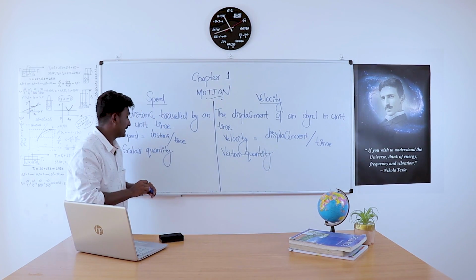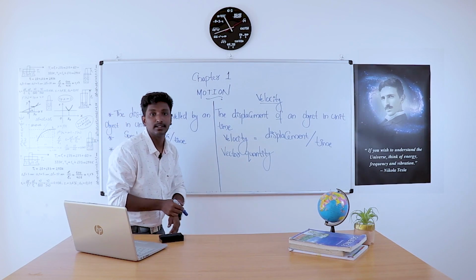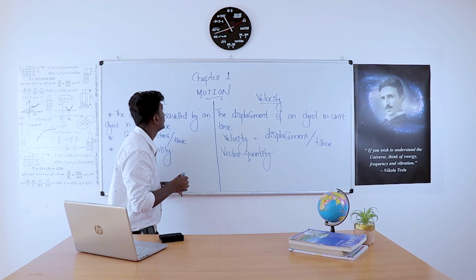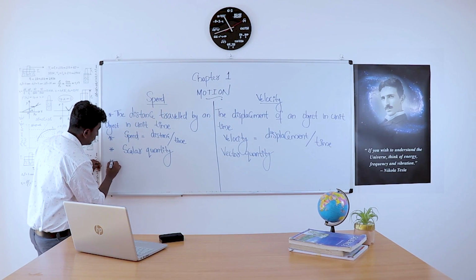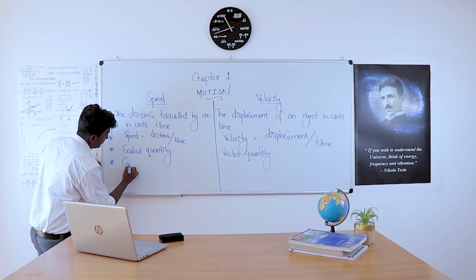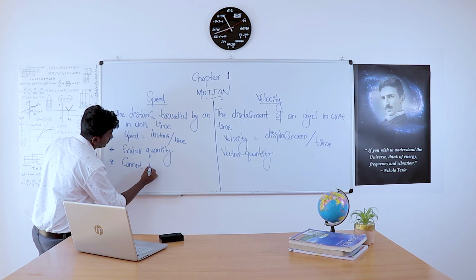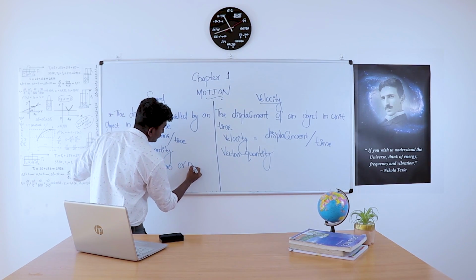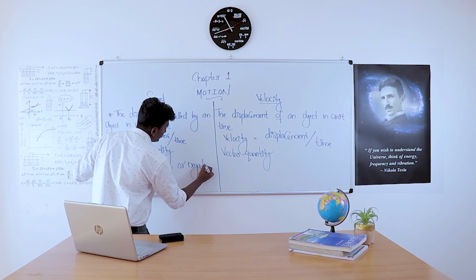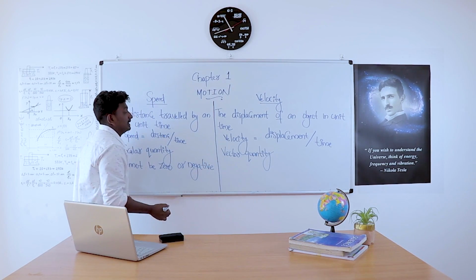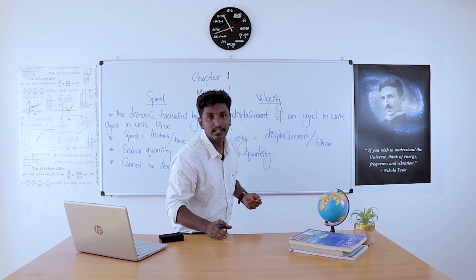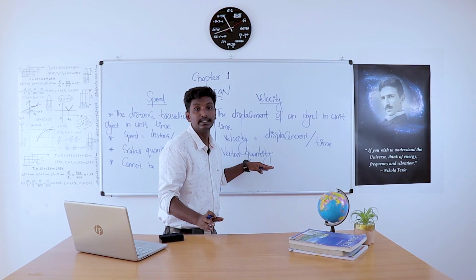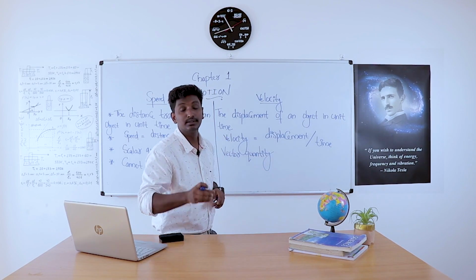We already know the characteristics of scalar quantities and vector quantities. A scalar quantity cannot be zero or negative. Therefore, speed cannot be zero or negative. Since velocity is a vector quantity, it can have all values, and vector quantities can have zero, positive or negative values.